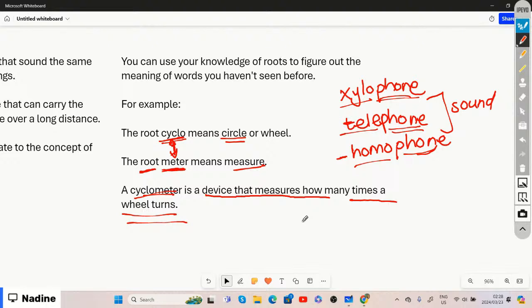All right. Because the root word cyclo basically just means circle, and that is not to do with encyclopedia, but encyclopedia has cyclo in it. So I'm not sure if that makes sense. I think it can be a bit confusing at times.